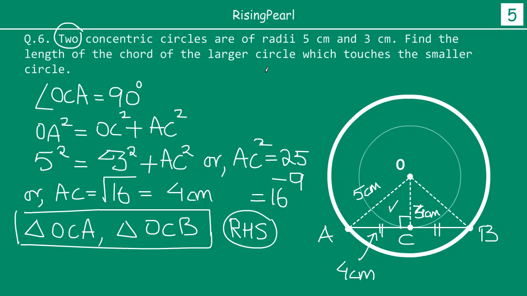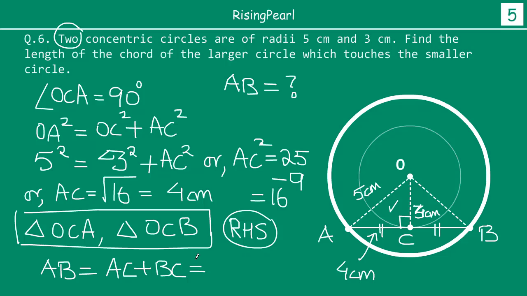Now we have to find the length of the outside chord, right? So we have to find the length AB. We just saw that AB, which we can see from the diagram, is equal to AC plus BC.